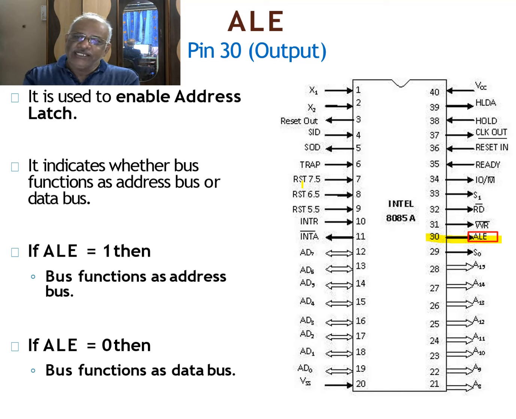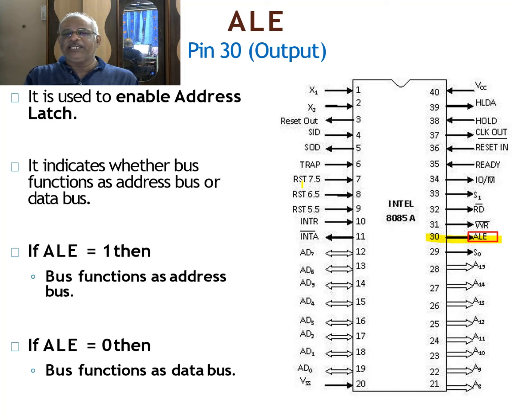Instead of allocating separate 8 pins for the data bus and separate 16 pins for the address bus, which will comprise 24 pins, the designers have designed the microprocessor 8085 pin configuration in such a way that address and data are included in 16 pins only, and the lower byte of the address is also used to transfer the data.